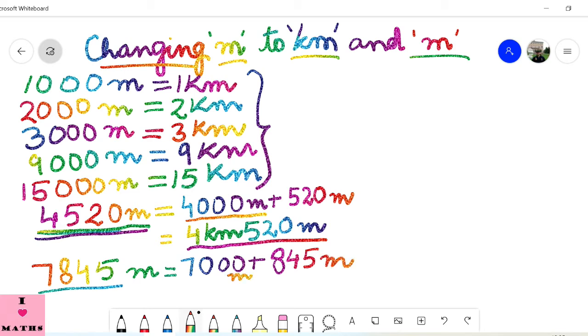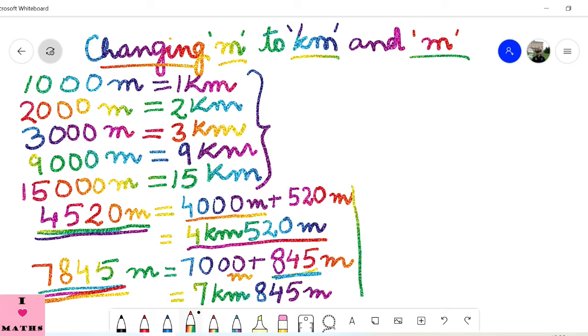Now this 7000 is also meters and 845 is also meters. Now children, 7000 meters is 7 kilometers and along with this we have to write these 845 meters also, because this distance is less than a kilometer, but this is a part of 7845 meters.